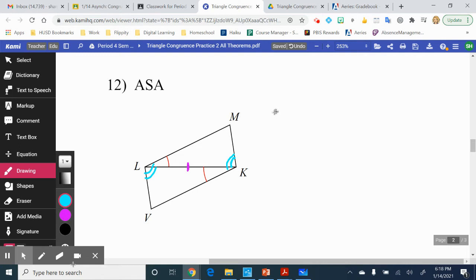So here's how you're going to write it. You're going to write angle LKM. So I know that looks like two angles, but this is an angle and this is the letter L. Maybe I should put it in a different order.